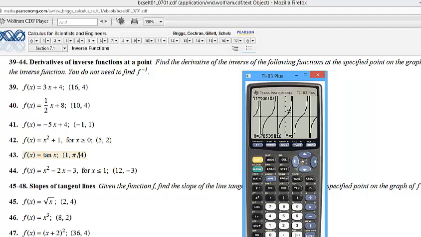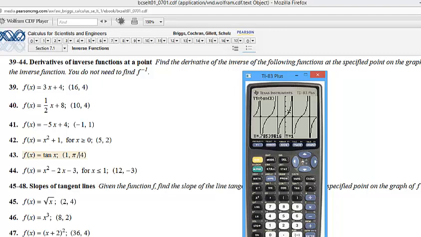So when I graph the inverse tangent function, I don't know very much about what it's going to look like. I do know it's going to have an asymptote at y equals negative pi over 2, and an asymptote at y equals pi over 2.